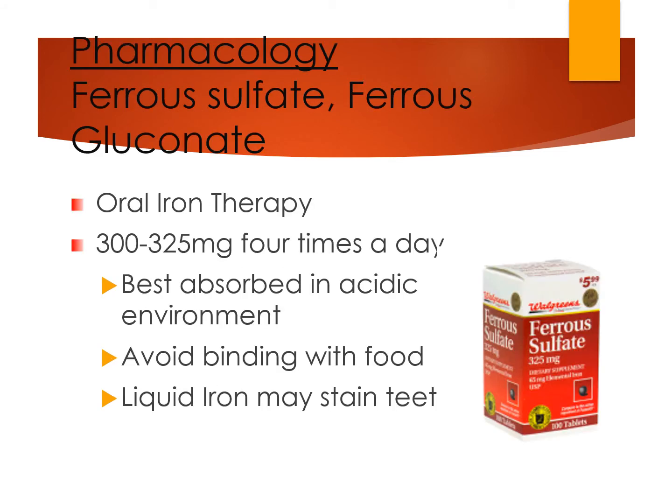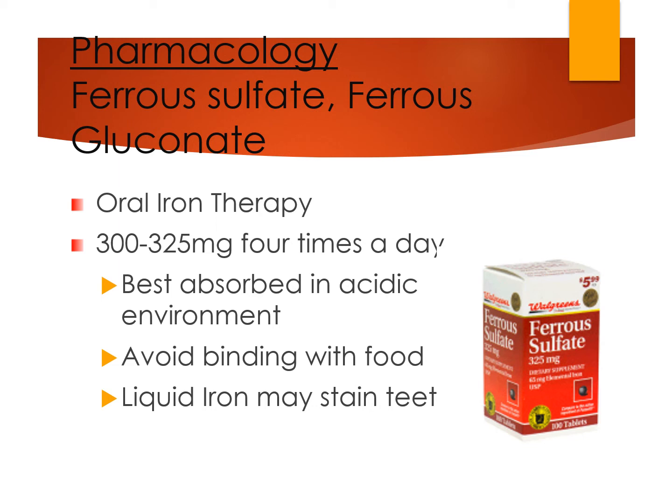Pharmacological management of iron deficiency anemia includes ferrous sulfate, ferrous gluconate, and ferrous fumarate. Each one of those different types, sulfate, gluconate, and fumarate, varies in the amount of elemental iron contained in the actual medication.